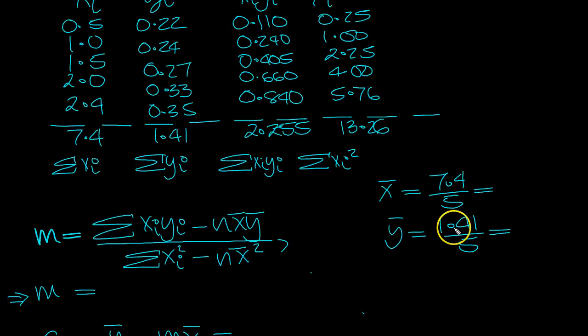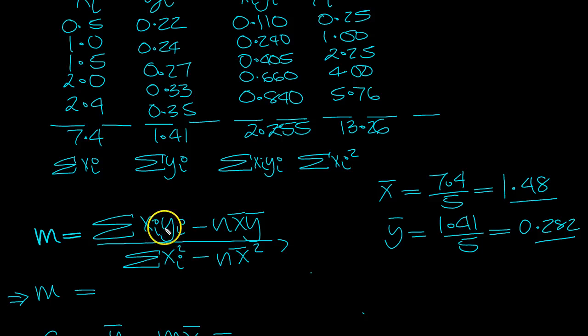And we also need x bar and y bar. x bar is the average, so 7.54 over 1, 2, 3, 4, 5, which is 1.48. And y bar is 0.282 when you tap it in the calculator.